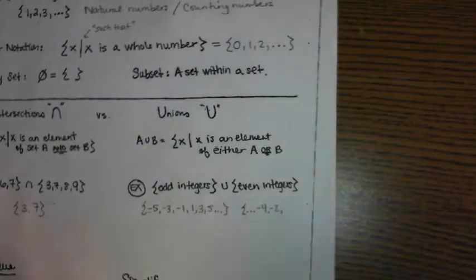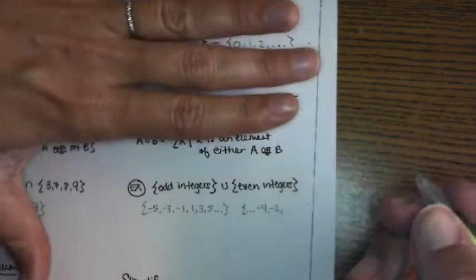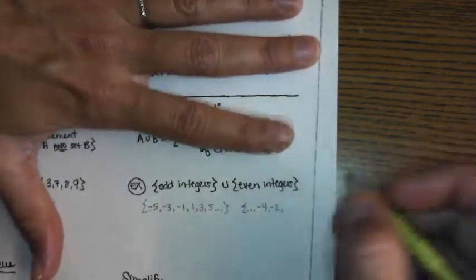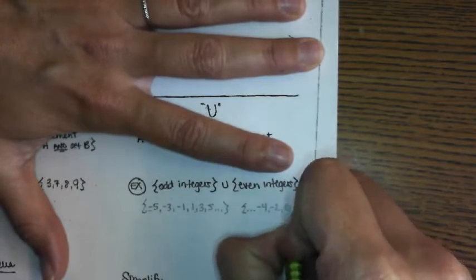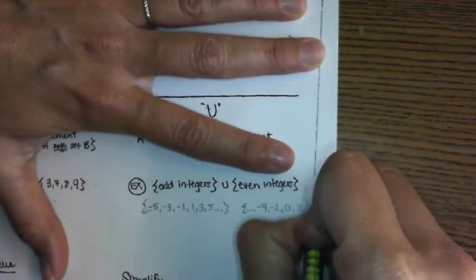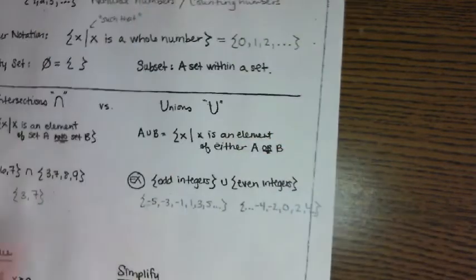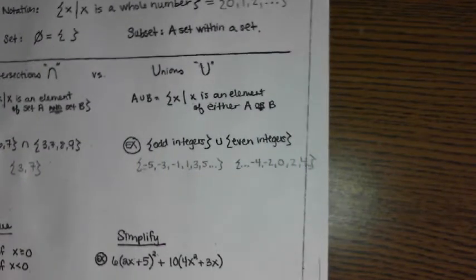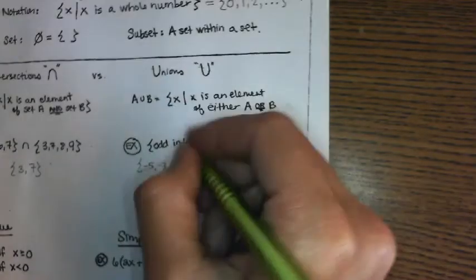So maybe I made you overthink that, but sometimes that's what happens. So -4, -2, 0, 2, 4 are evens. Andrew? That doesn't include all real numbers, because what about 1.5? All integers. Yes, good.